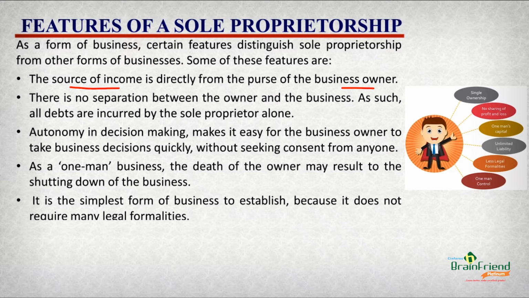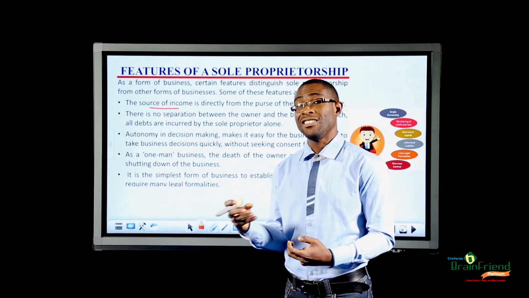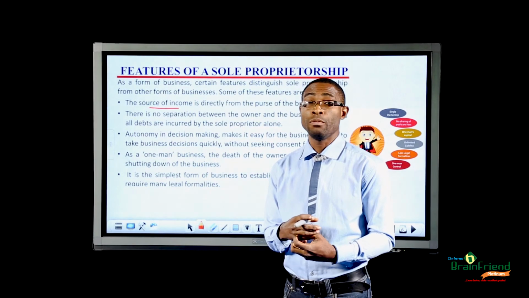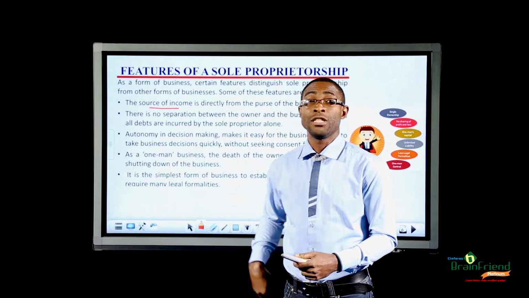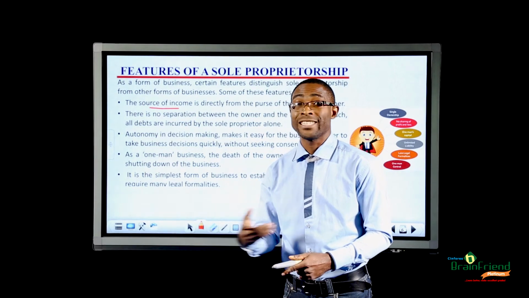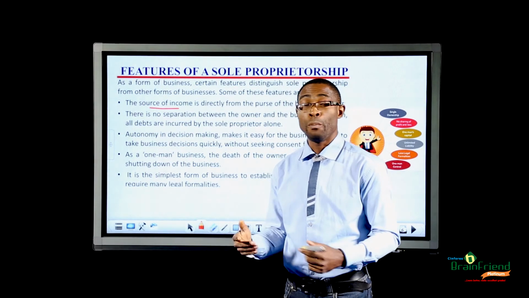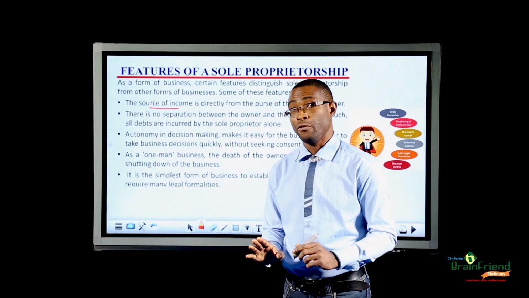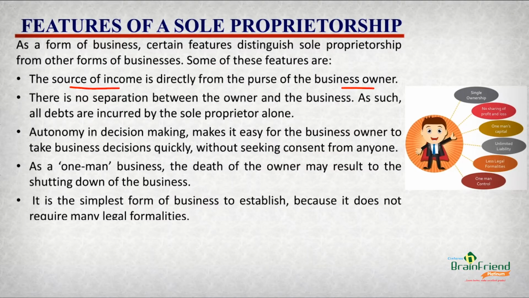So when you see a business that is managed and run by an individual who finances that business alone, if the business needs to get more stock into the shop, the man has to dip his hand into his pocket and do the shopping. He's not getting money from anywhere, no partner. The money is coming from his personal purse.